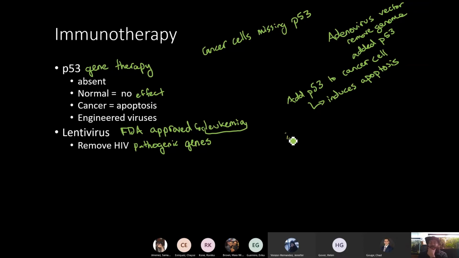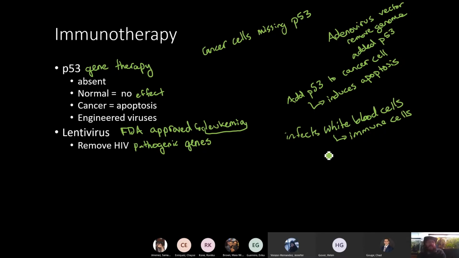HIV infects white blood cells. White blood cells are immune cells. So these are cells that could have an anti-cancer effect. Immune cells have their own anti-cancer properties. And the big problem with trying to use the immune system to attack cancer is that it just can't recognize certain cancers.